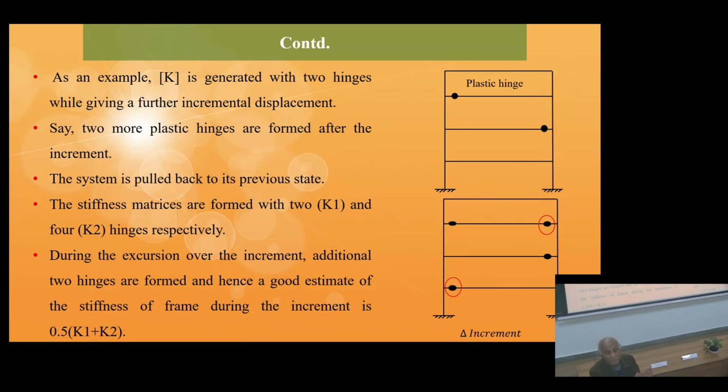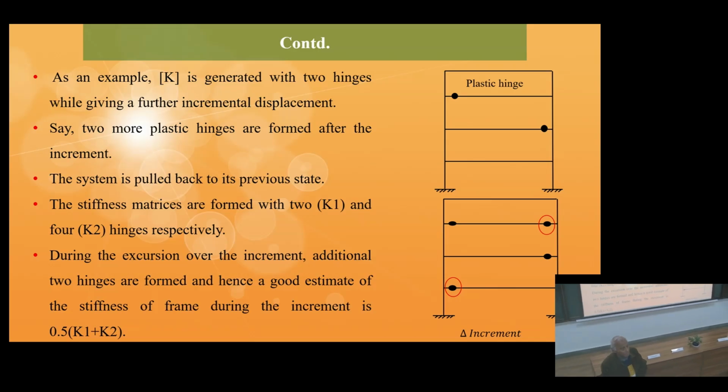Okay, and you carry out the analysis. During this analysis, you are assuming that over this increment the stiffness has remained unchanged, and you arrive at two more plastic hinges at the end. Okay?